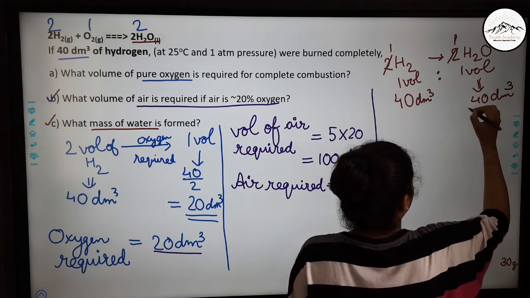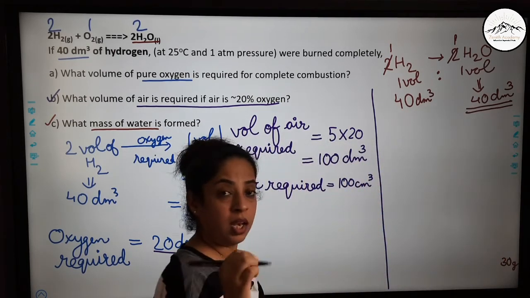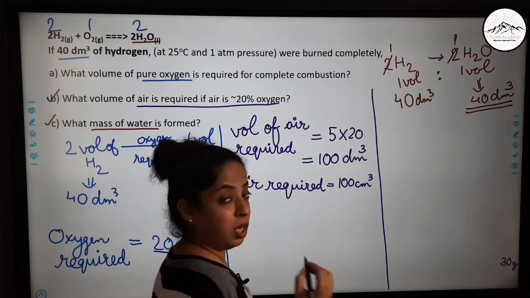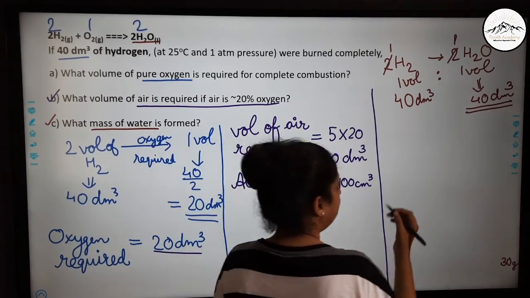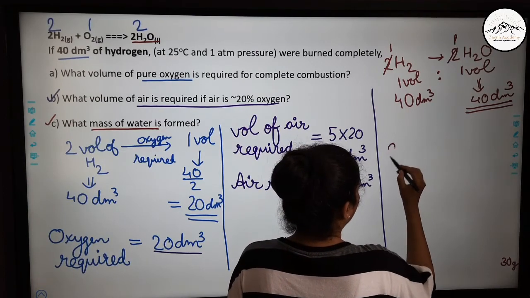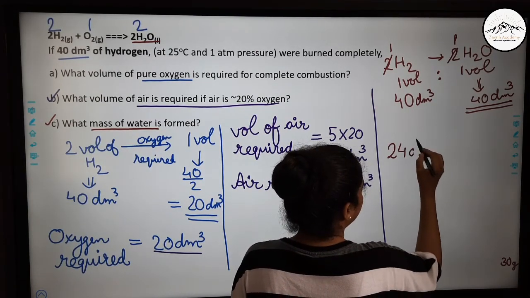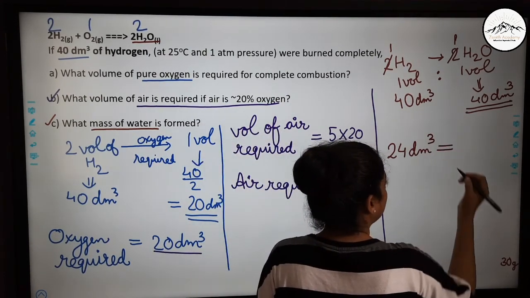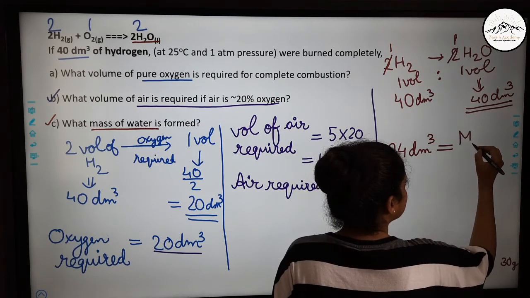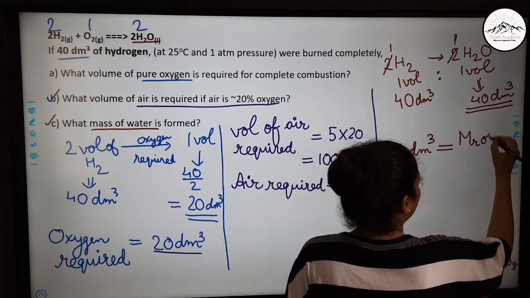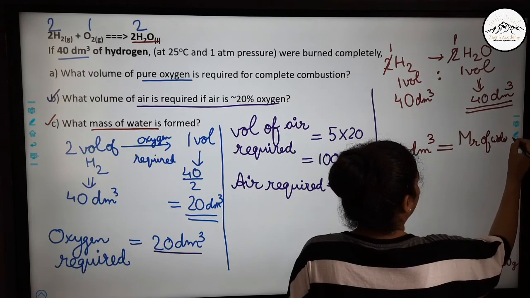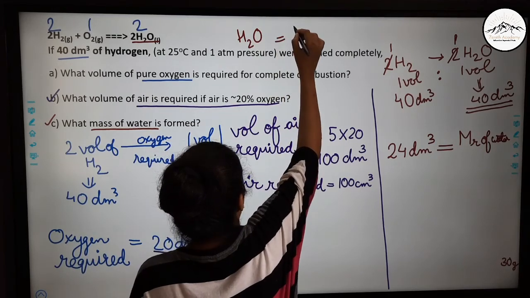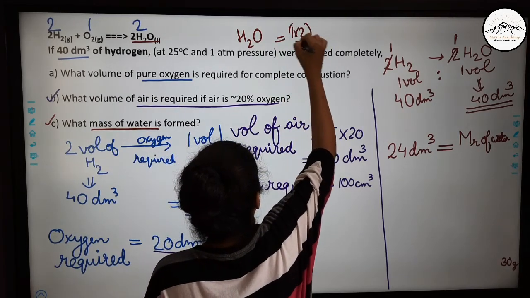So now we know the volume of water, and now we have to calculate the mass of water formed. Okay. Now from our magic formula we know that 24 decimeter cube corresponds to the relative formula mass. Now the relative formula mass of water is what? It is 18. See, water is H2O, hydrogen is 1, so 1 into 2, plus oxygen is 16.